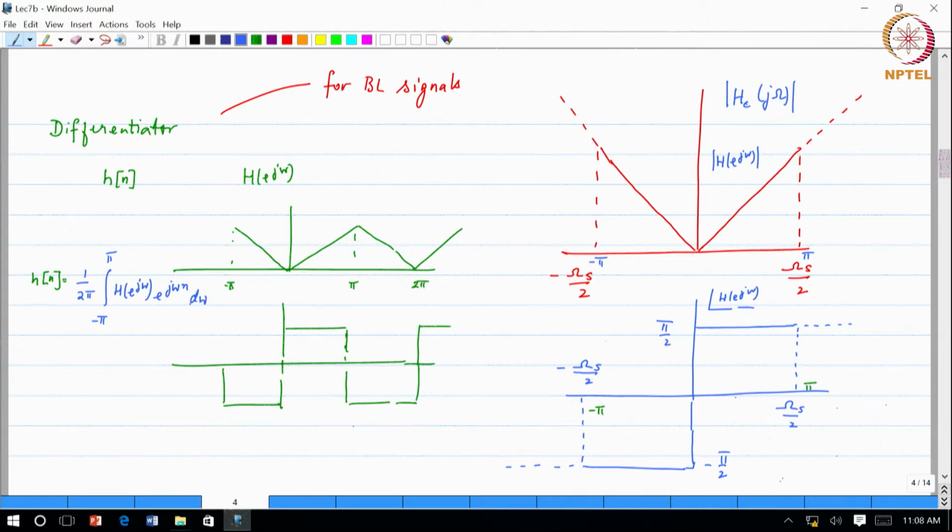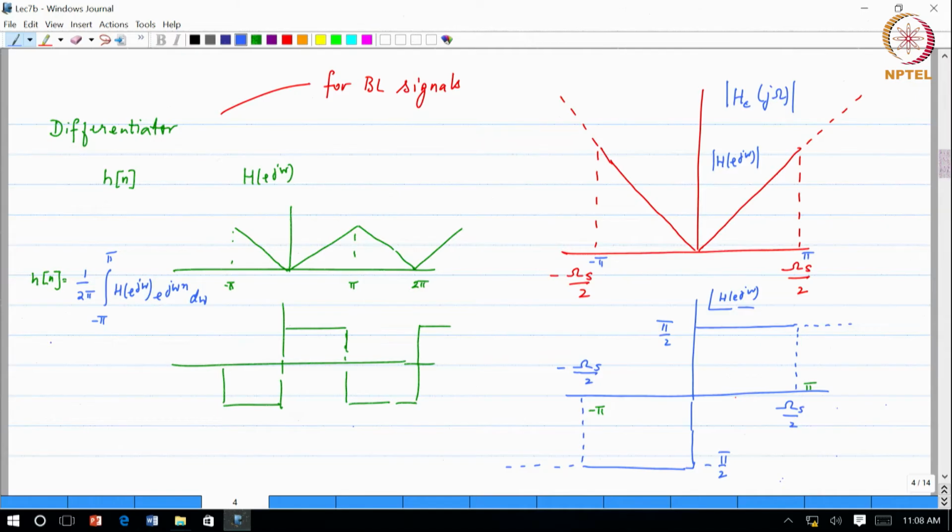So, again this is just to reinforce the fact that once you are given the spectrum of the discrete time filter, we can get its impulse response, and once you have the spectrum, we can also relate it to the continuous time H effective.